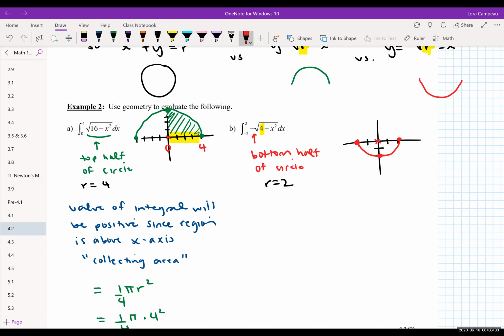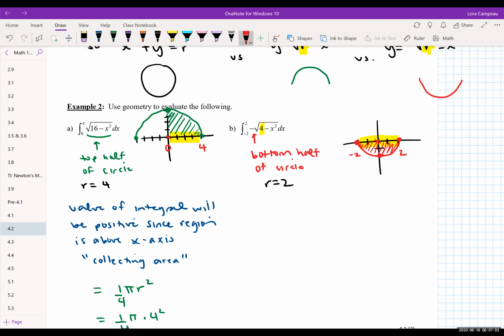And if we're dealing with this, you're noticing right away, well, if there's a negative sign in the integral, you are going to have a negative value. Now, let's look at what we're trying to apply to. x equals -2 to x equals +2. So that's the entire region that will be devoted to the semicircle or half circle.